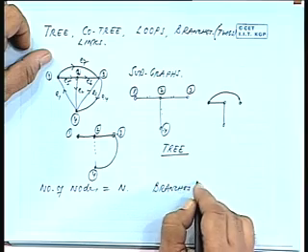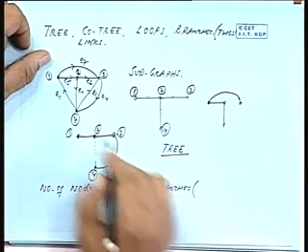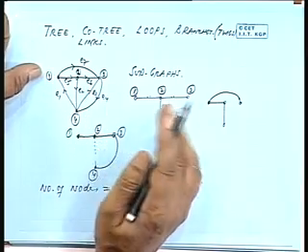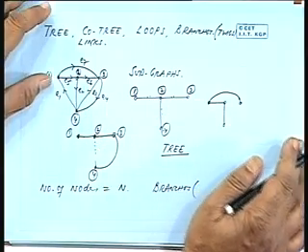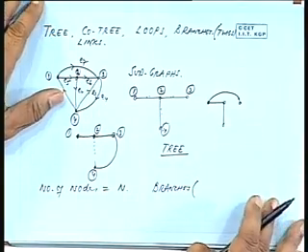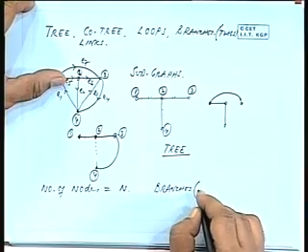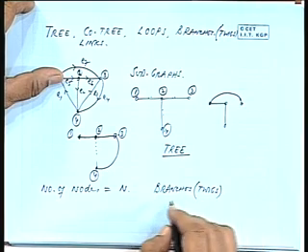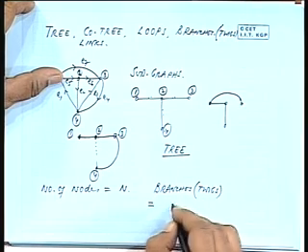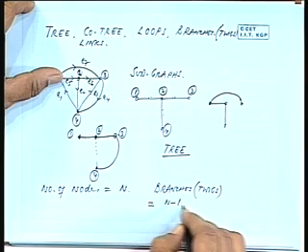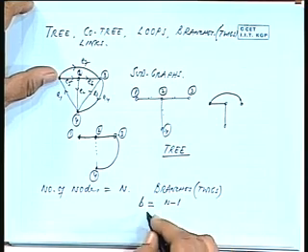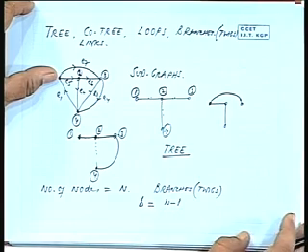More specifically it should be termed twigs, because in many other books they term all the elements of a network as branches, so there is a confusion. It is better to say branch of a tree, or twigs. Twigs means branches of a tree. So, the number of branches in a tree will be N minus 1.